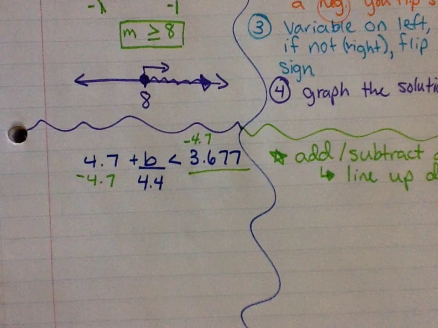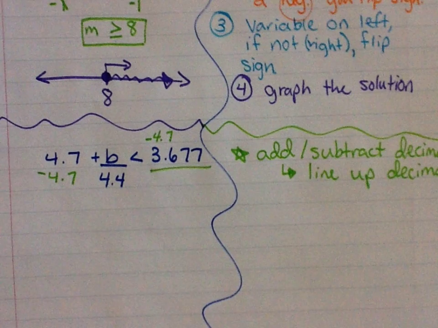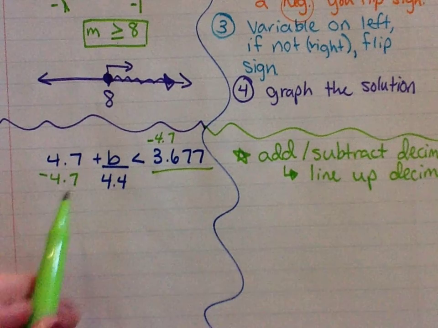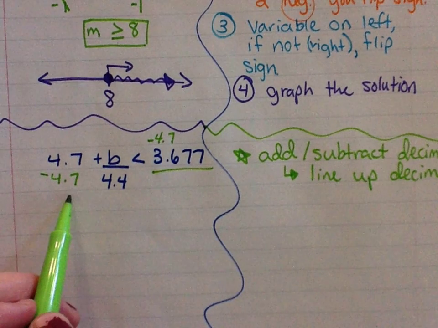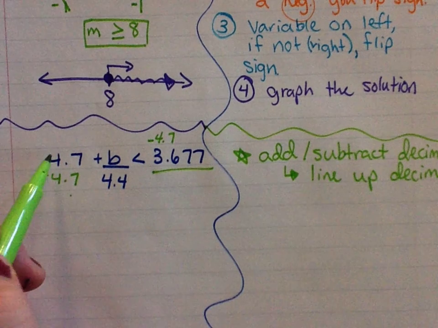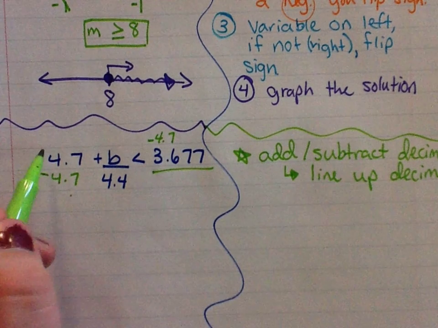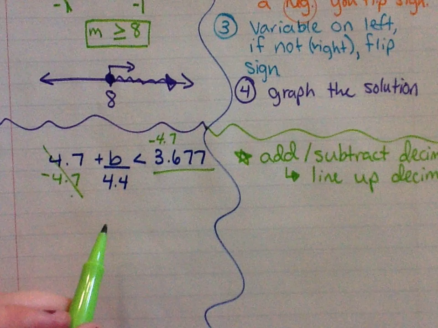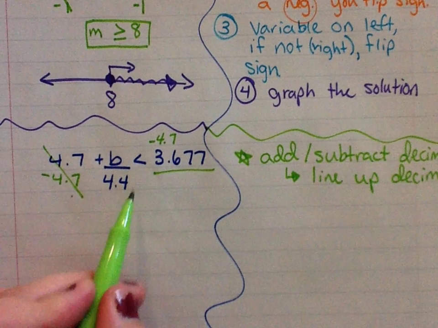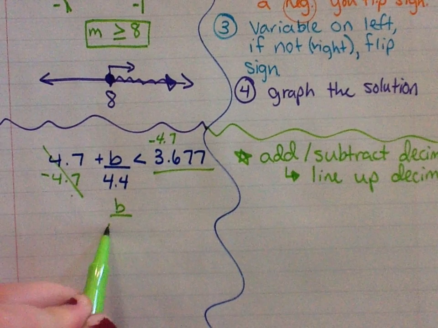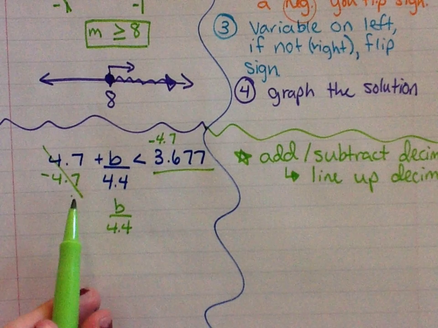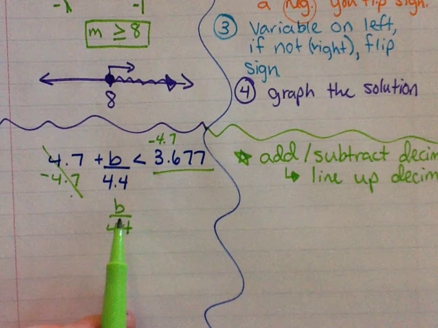So from here, if we go back over to this side, 4.7 minus 4.7 is 0. It's gone. What's left on this side? Nothing, but we still have the b over 4.4. That is gone, but I still have this b over 4.4.